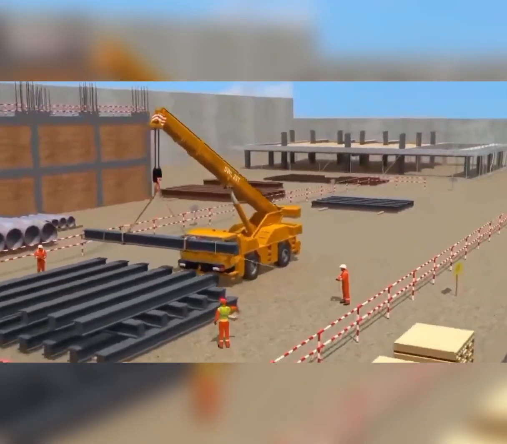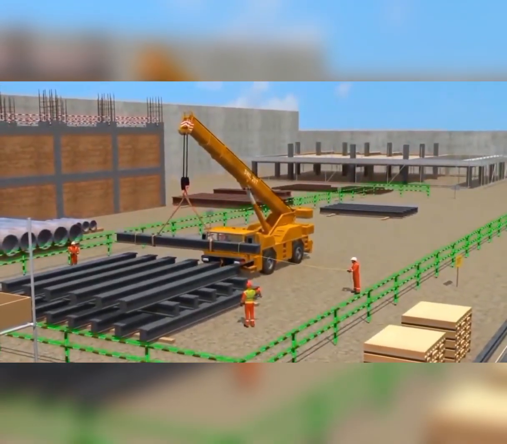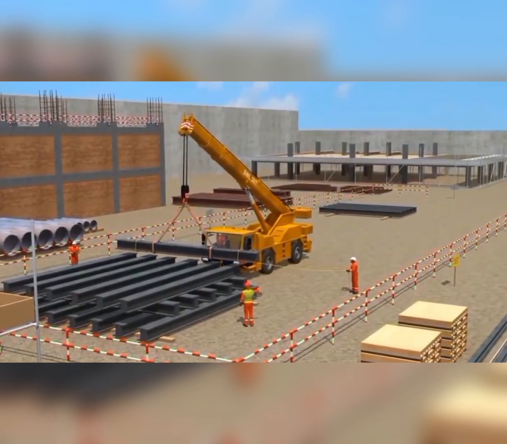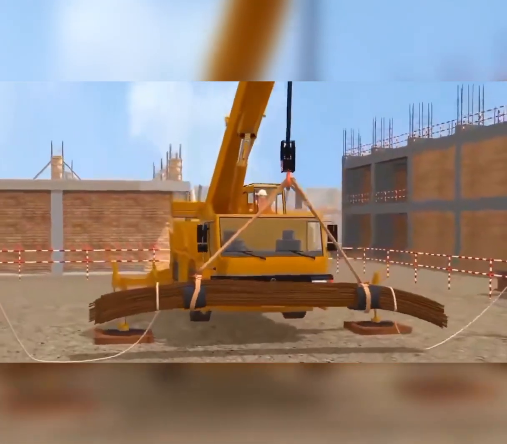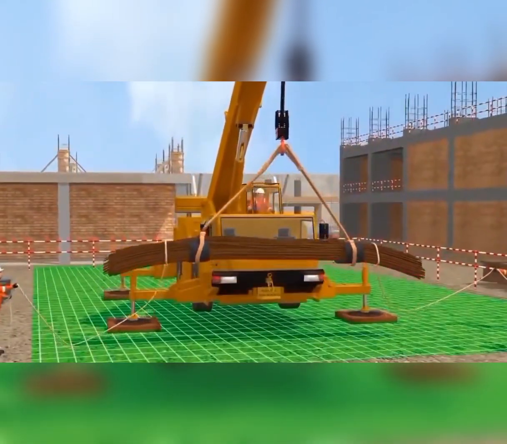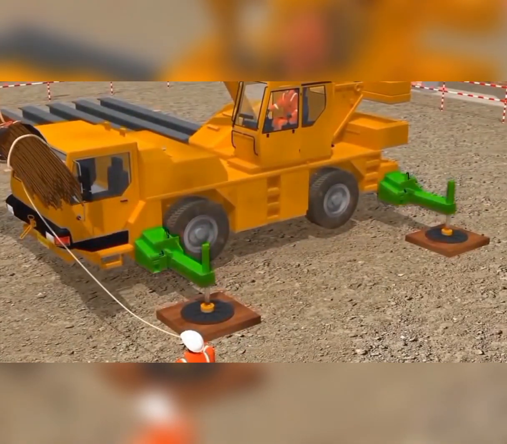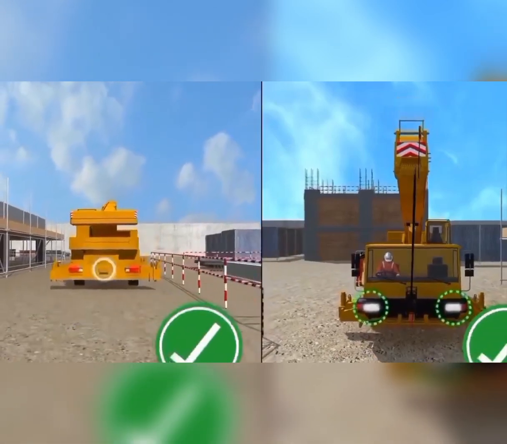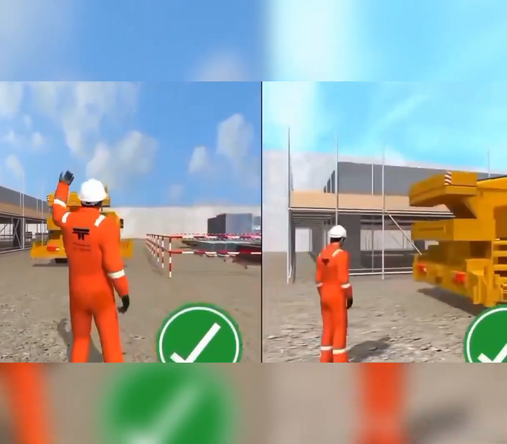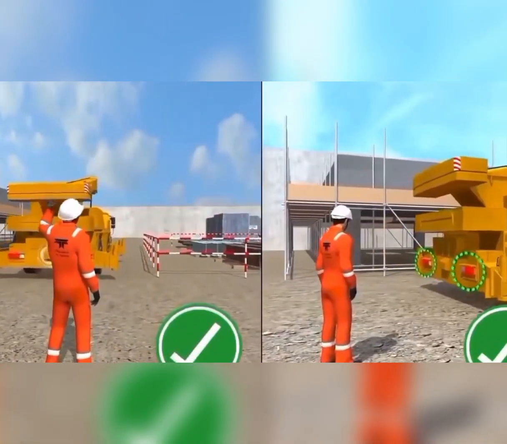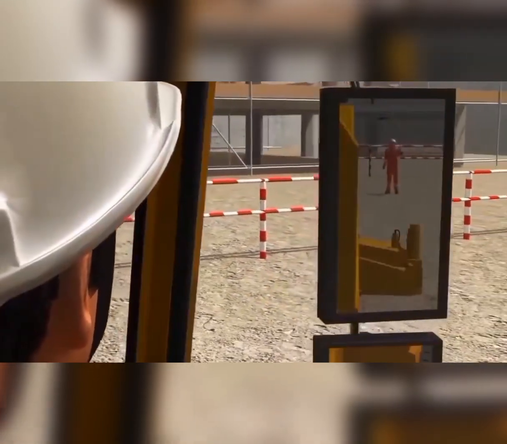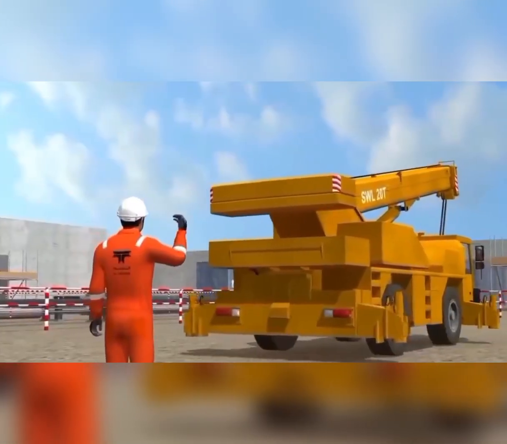Safety barrication should be secured in the working area around the crane. Land should be even and hard. Outrigger should be fully extended. Lights and sounds of reverse brakes should be in proper working condition. Rear view mirror should be clean and should be in a proper position.